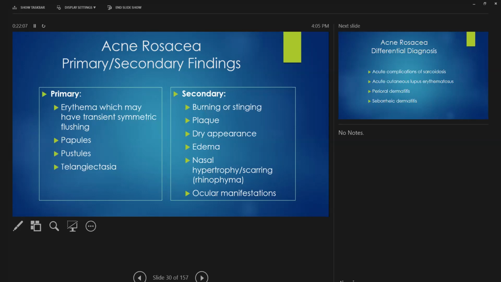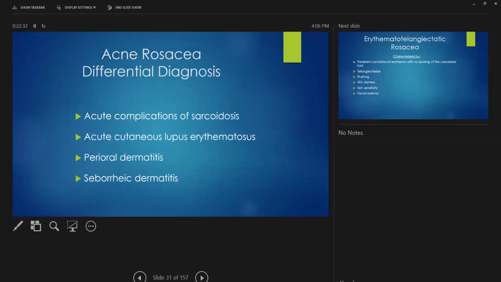And then secondary, there can be some burning or stinging, obviously. There can be plaque formation, as these people are probably trying to clean this away, and it may get dry. There may be a dry appearance. There can be some edema due to the irritation of the tissue. And then there can be some hypertrophy of tissue and scarring, which we'll see later, as well as ocular manifestations.